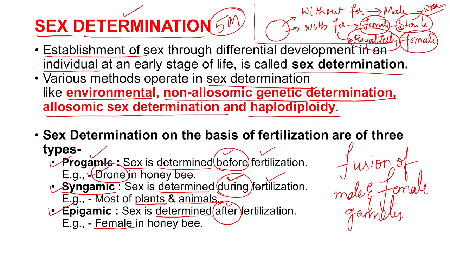In case of honeybee, royal jelly will be fed to the larva from the fertilized egg, and it will develop into a female individual. So that type of sex determination is called epigamic, which takes place after the fertilization.